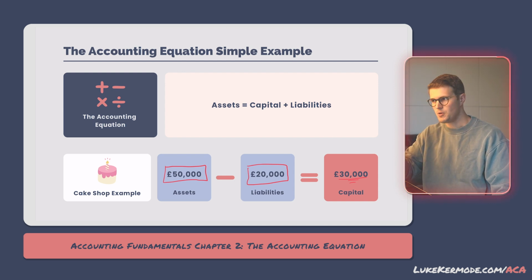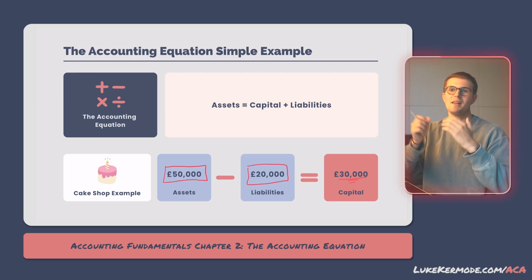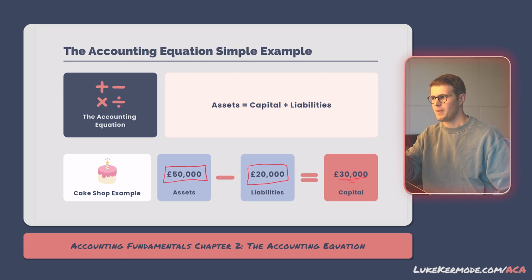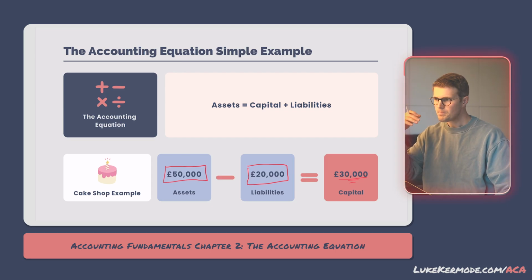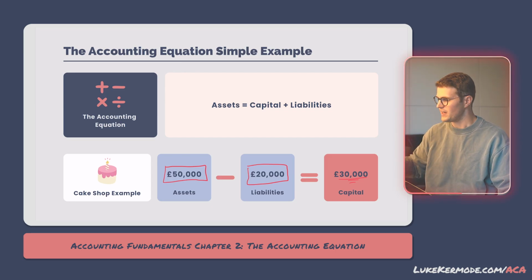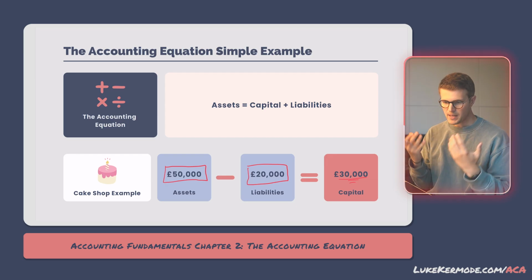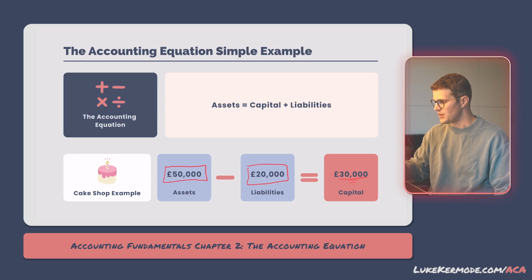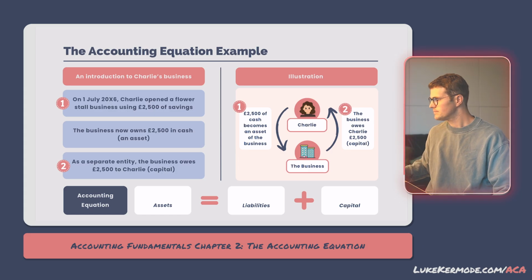If you buy that same computer for £5,000 on credit, your assets again are going to increase by £5,000, but your liabilities are also going to increase by £5,000, again keeping the equation in balance. So understanding the accounting equation is absolutely essential, because it gives you a complete picture of a business's financial position at any point in time.